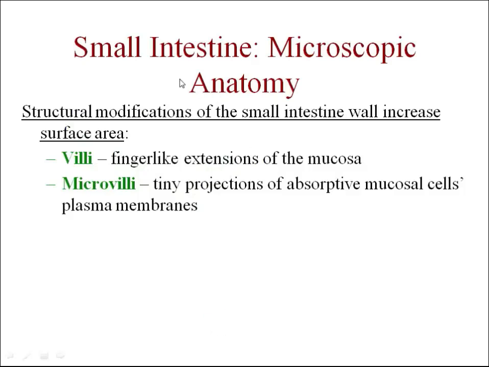So, small intestine microscopic anatomy. Here you can see the structural modifications of the small intestine for increasing the surface area. For increasing surface area, the small intestine is provided with a lot of villi, finger-like projections extending into the lumen, and on that surface you will again see the microvilli, tiny projections of the plasma membrane of absorptive mucosal cells.